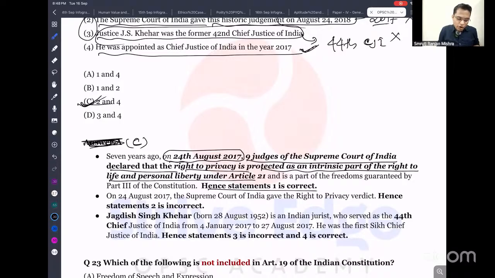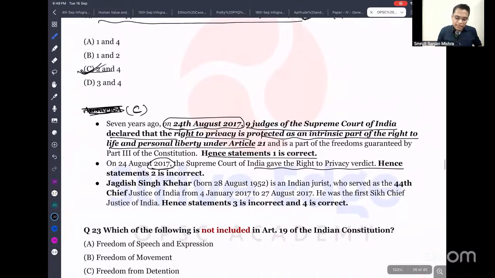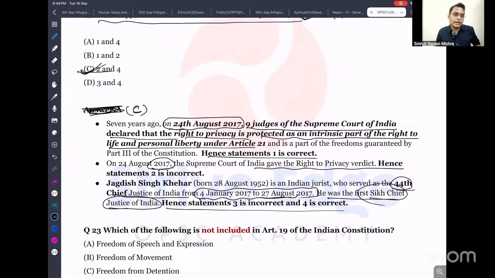The verdict was given in August 2017, not in 2018 as stated in the question. J.S. Khehar is the 44th Chief Justice of India, appointed from 4th January 2017 to 27 August 2017, and is the first Sikh Chief Justice of India. So statement 3 is not correct and 4 is correct.